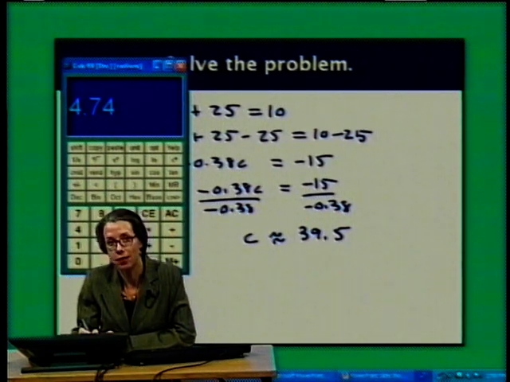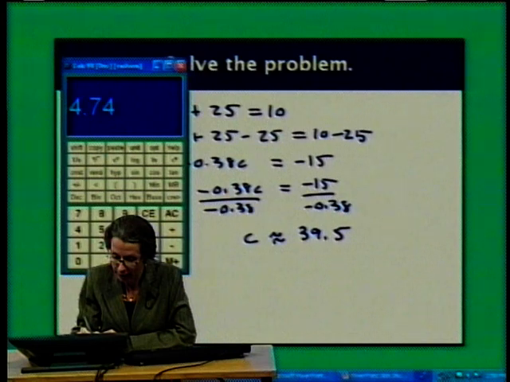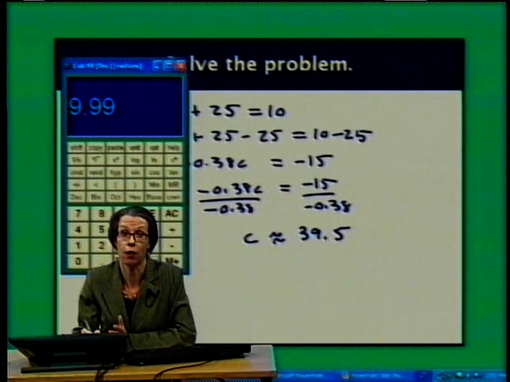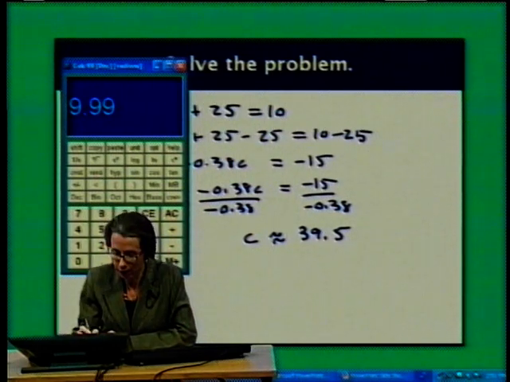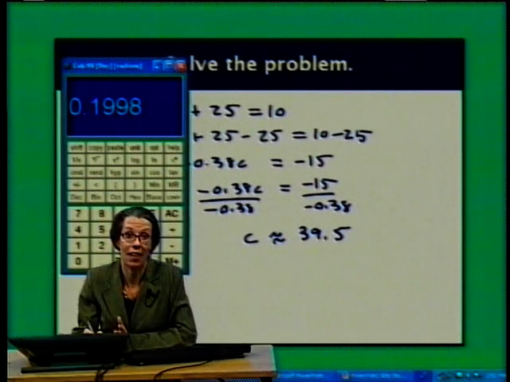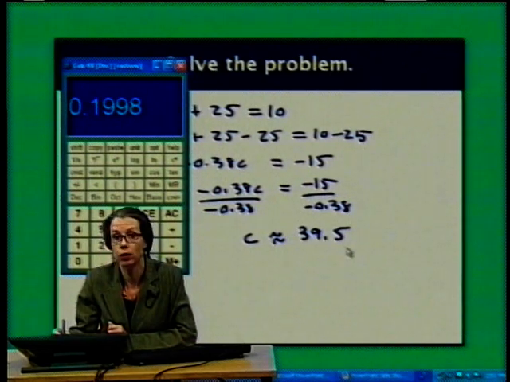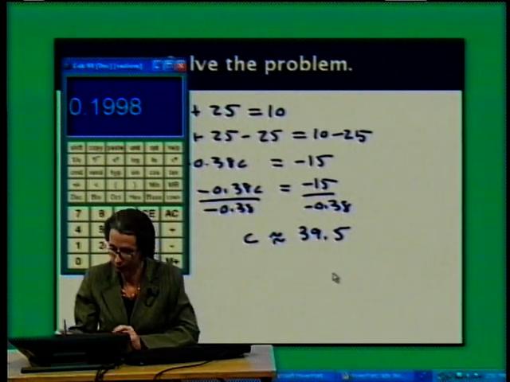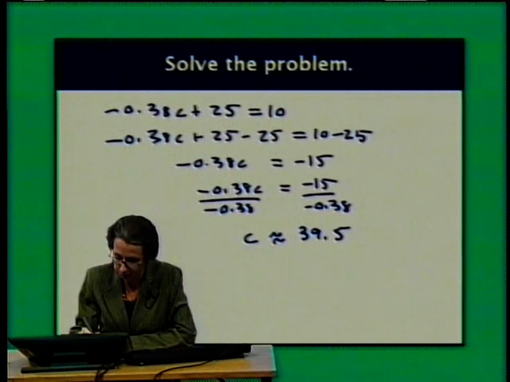The remaining chocolate is high-fat chocolate, and that's going to be about 10.5 ounces of that chocolate. So I need to add in 50% of 10.5. So altogether I have about 10 ounces of fat in this mix. Now I need to divide this number by the total amount I have, and this is 0.1998, which is about 20%, which is exactly what I want. Now I rounded off my result for C, which is why it didn't come out to be exactly 20%.